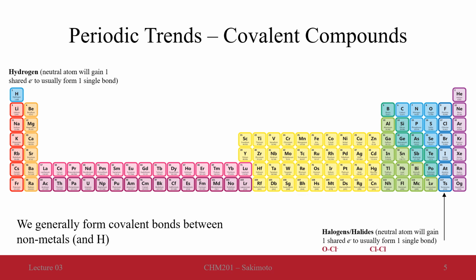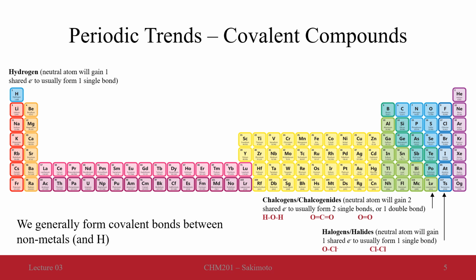Halogens and halides, like chlorine, if it has to share an electron rather than completely getting custody of 1, it's going to share 1 by forming a single bond, such as we saw between chlorine and chlorine. Similarly, oxygen, for similar reasons as we said before, will tend to want to form 2 total bonds.